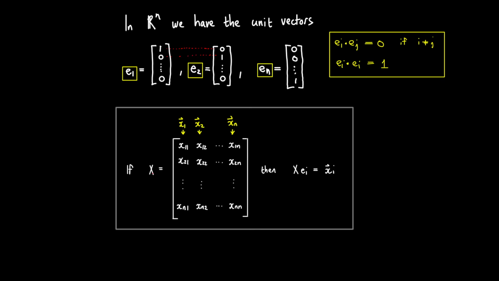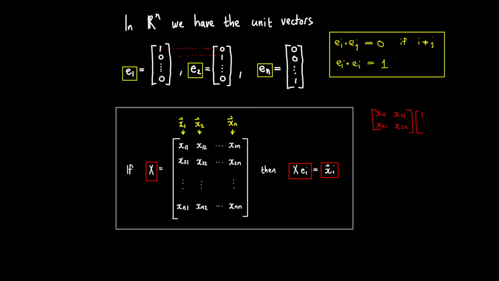If I take any matrix X, let's say for instance the matrix given here, the column vectors here are x1, x2, all the way up to xn. Then what are we getting? Well, if I take X and multiply it by ei, I'm getting the ith column of the matrix X. For example, let's say we were dealing with a 2 by 2 matrix, with x11, x12, x21, and x22.